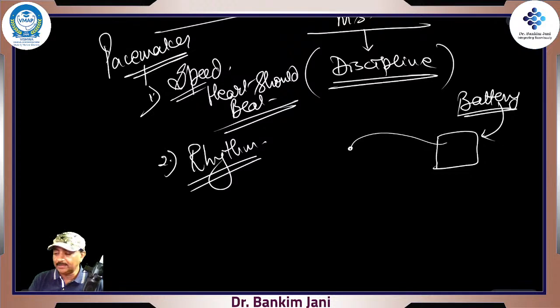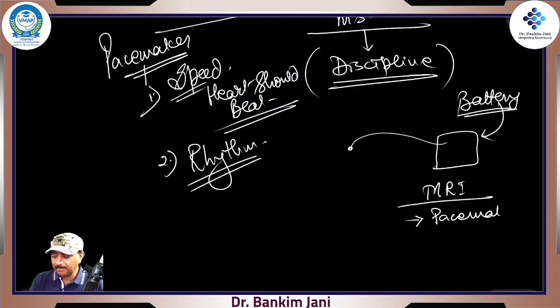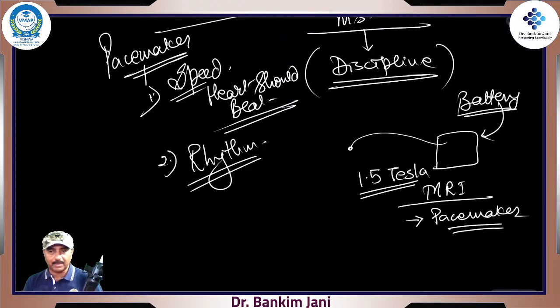This is the reason that when someone is subjected to MRI, it is vital to ask about any pacemaker implanted in the body. In magnetic resonance imaging, the strength of the magnet is, say, 1.5 Tesla, a super powerful magnet.